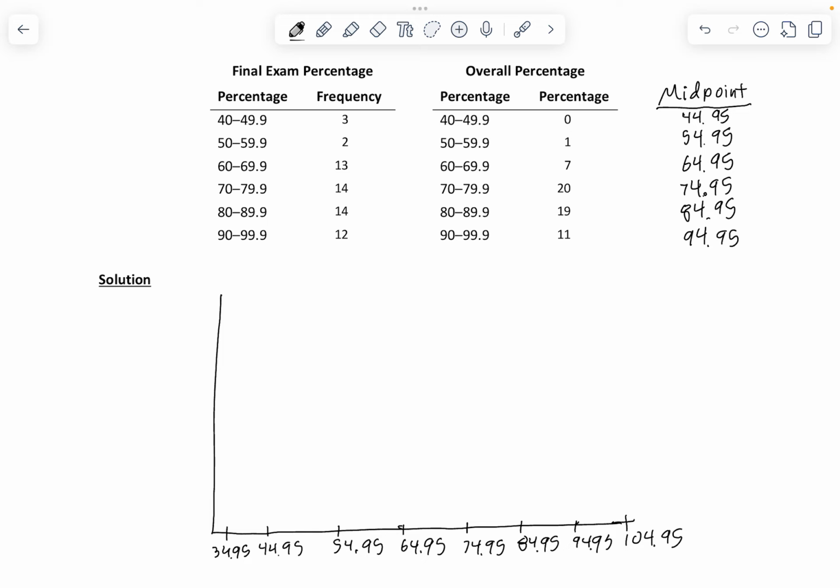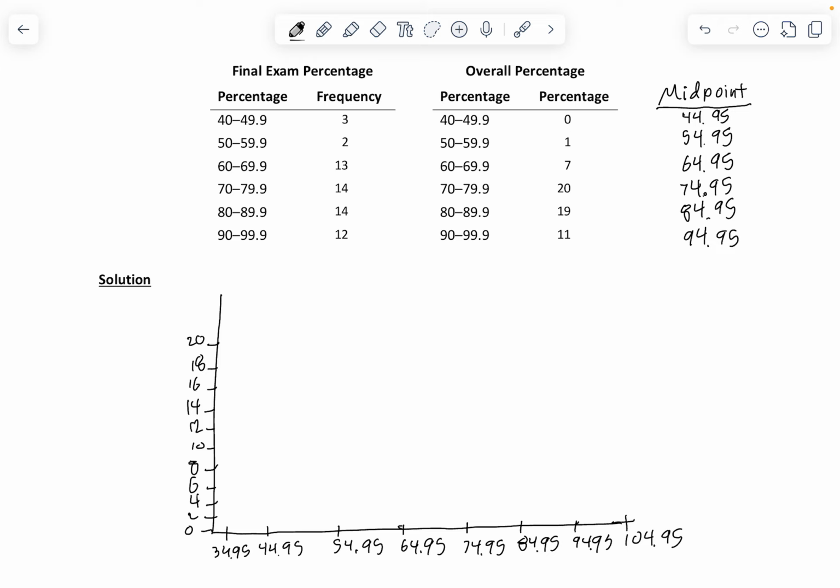Frequencies, the highest frequency on either column goes up to 20. So let's do increments of 2. This is 0, 2, 4, 6, 8, 10, 12, 14, 16, 18, 20, something like that.